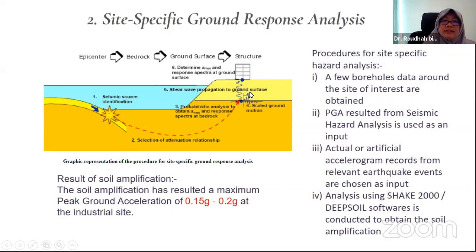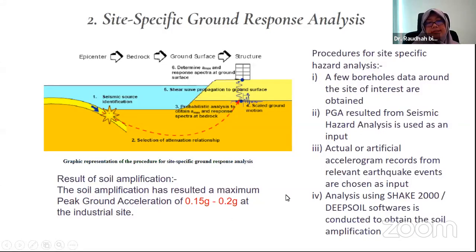The ground surface in every area is normally very different. It depends on the type of soil, very much on the category of soil. From this analysis, we are able to understand the soil amplification of the shear wave that will be imposed on the structure on top of the soil.